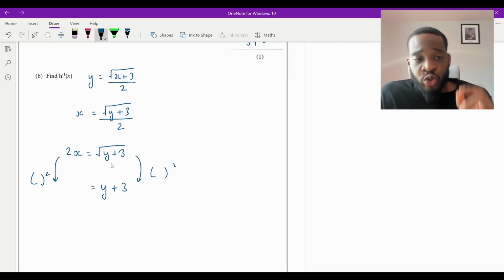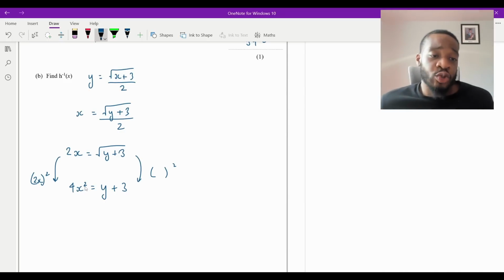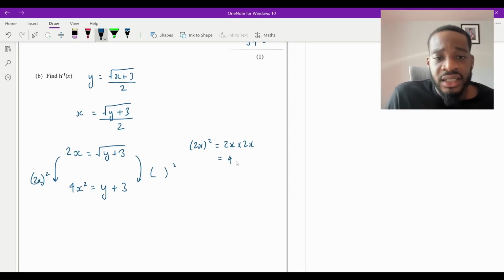Now, be careful. 2x all squared is 4x squared. You square both of the terms inside. Sometimes I see students will just put 4x and they forget to square the x. So just be very, very careful. Even just write it out. Remember, 2x all squared is just 2x times another 2x. 2 2s are 4, x's are x squared. So perfect, that's done.